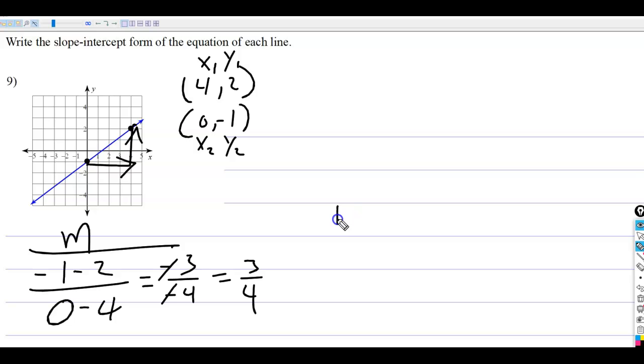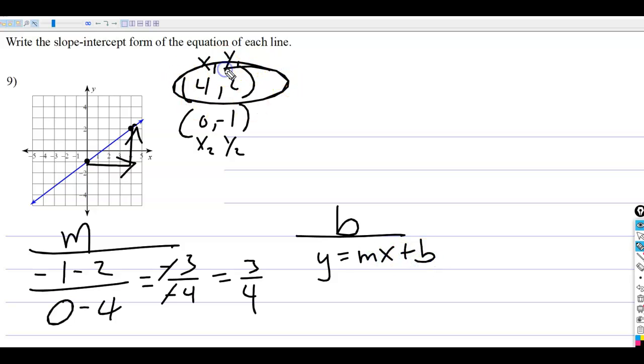Now, the next thing we have to do is find our b. To find your b, you're just going to pick a point, plug in your y value, your slope, and your x value from the point that you picked, and solve. So this is going to be 12 over 4, which is 3, and then subtract.